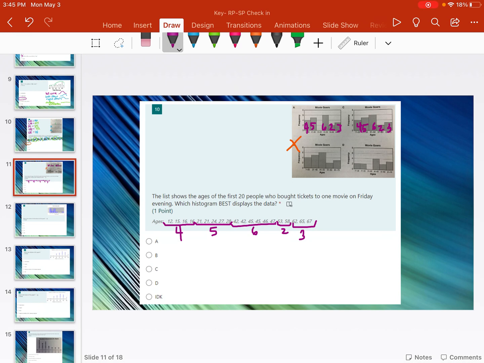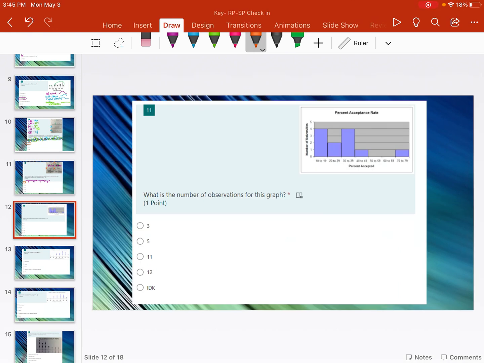So the biggest question is, oh, look, they skipped a whole section here in C. You see how in between this section right here, it goes straight from 30 to 41. So that is not a good example of a histogram either. And then finally down here at the bottom, you can just see the numbers don't match up. It was 4 in the first category, they only have 2, so it's not D either. It has to be A. Oh, those two are tricky.